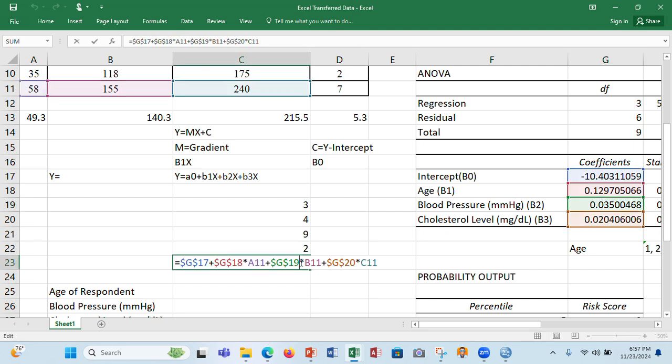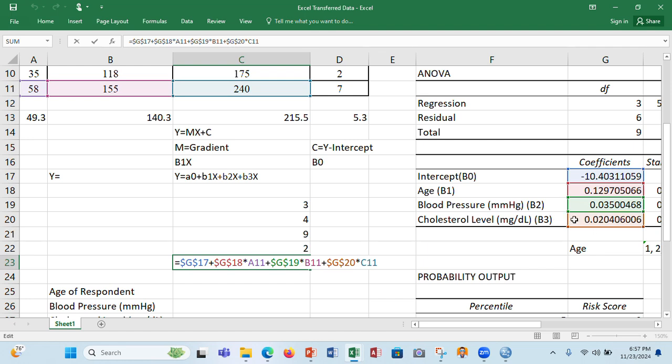0.29 times the age, which is 58, plus blood pressure. For blood pressure, the coefficient is 0.035 times the blood pressure, which that person has as 155. That will be beta 2 times the x, which is 155 here.